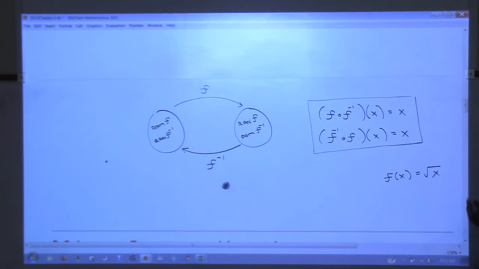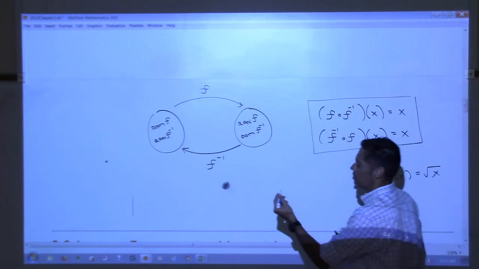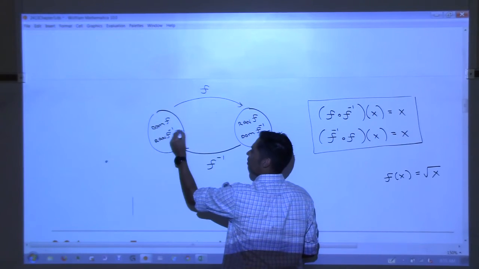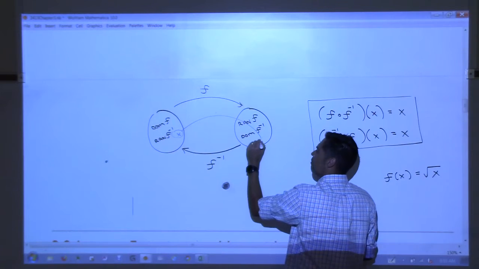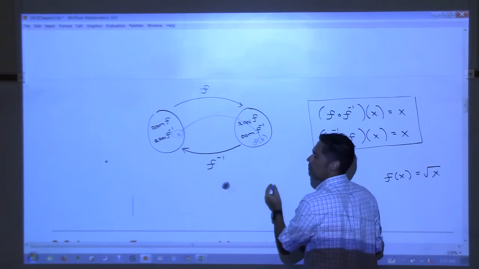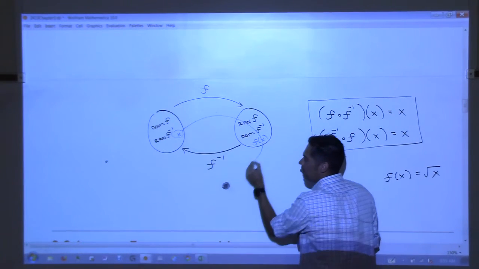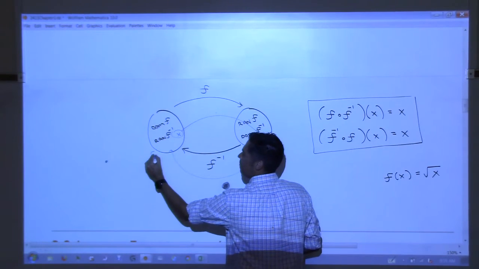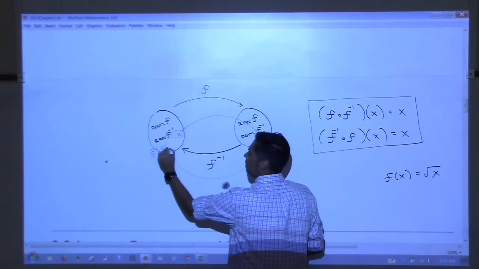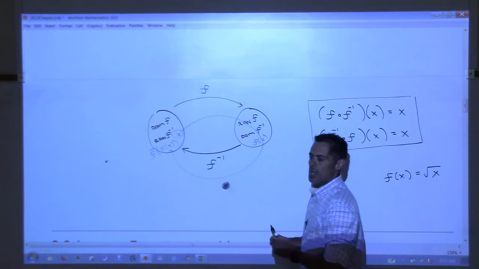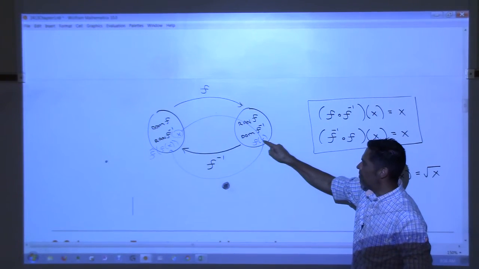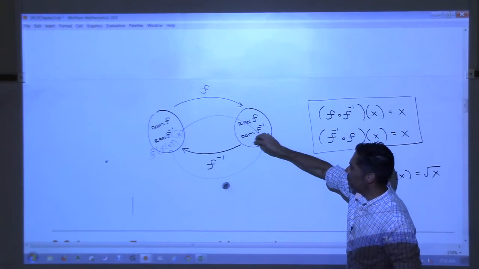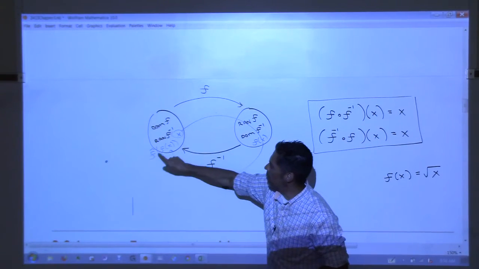Now, here's what's happening in the picture. Let's say I start out with an x in here, okay? When it comes over here, that will be f of x, won't it? And then when I take it back through this one, that's f inverse of f of x. So first x goes through and f does something to it, right? That answer, f inverse does something to it and sends it back.